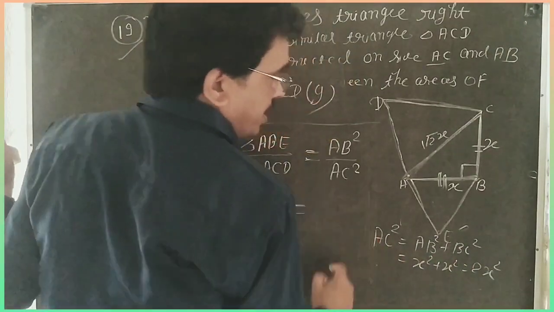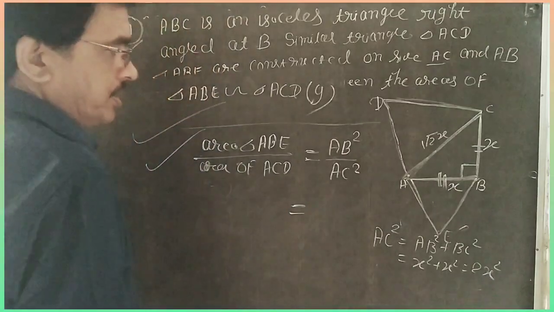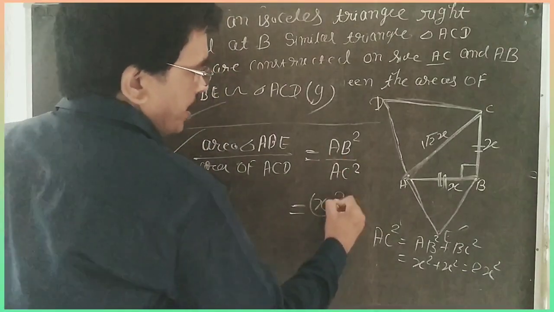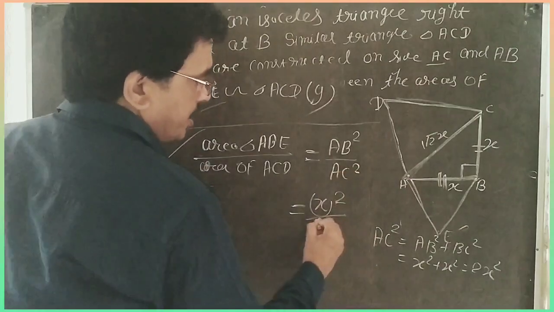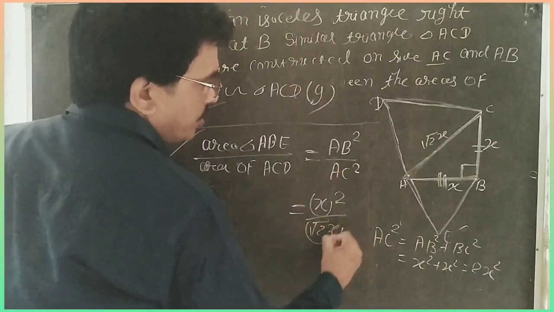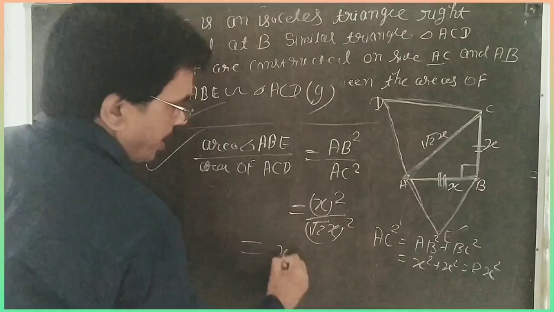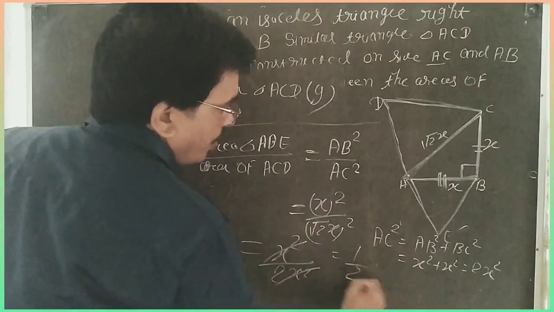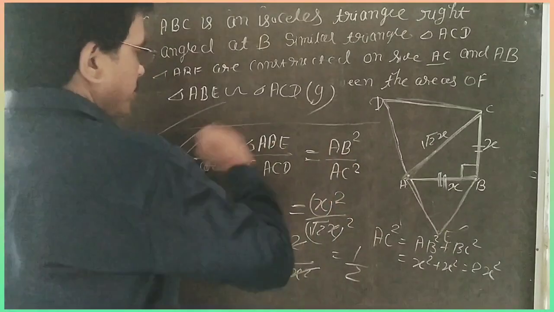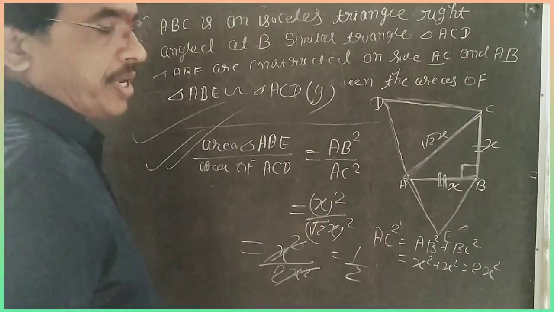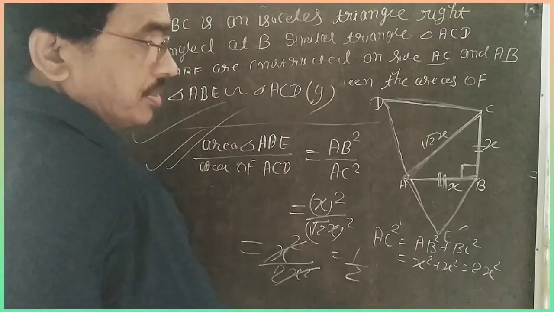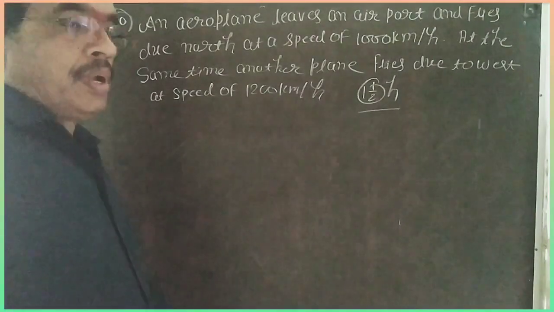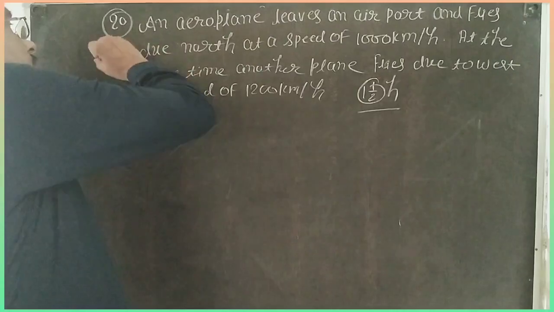So AC is equal to root 2 x. So AB square is x square and AC square is root 2 x whole square. We get x square by 2x square, cancel, 1 by 2. So the ratio of the areas of the two similar triangles is 1:2. It is your solution. That's all. Dear students, question number 20.